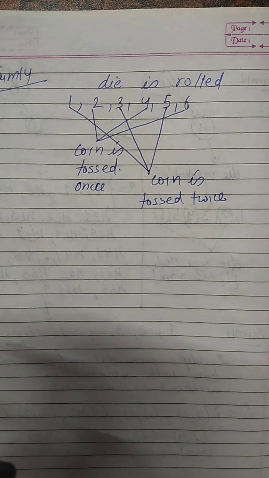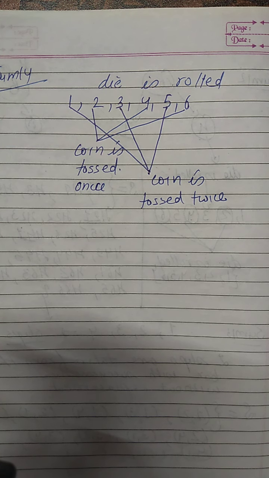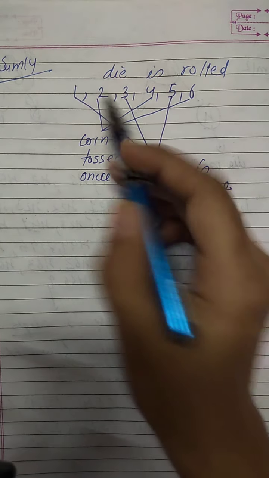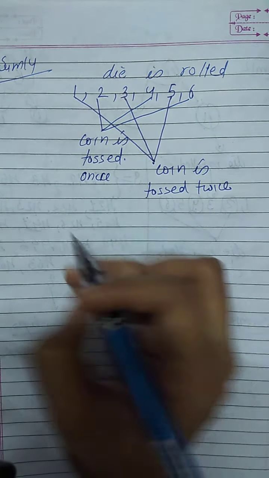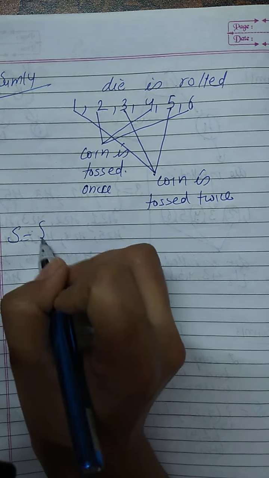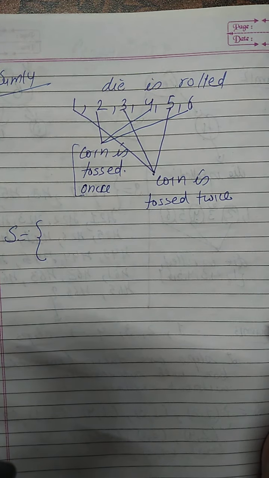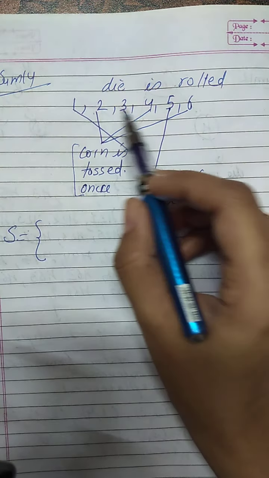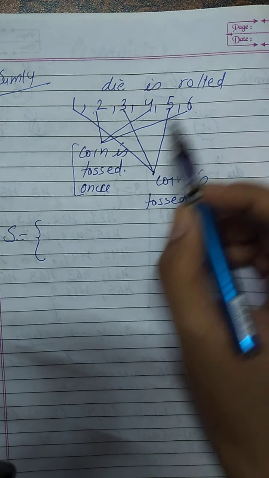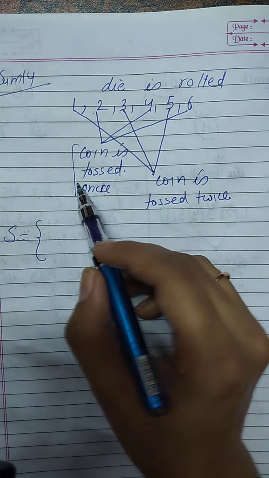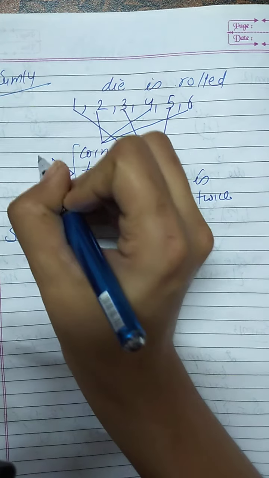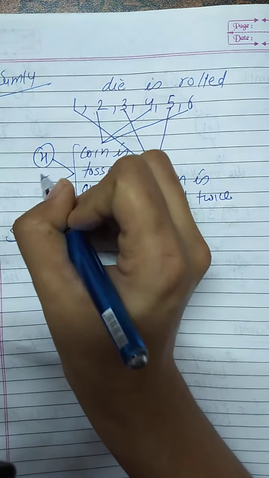So again, it is very simple, but here instead of first coin and then the die, first the die is rolled and then the coin is tossed. So when we are writing the sample space, first of all, let us write down all the outcomes for the even number on the die. When 2 is coming or 4 is coming or 6 is coming, coin is tossed. When coin is tossed once, it can come either head or tail, right?